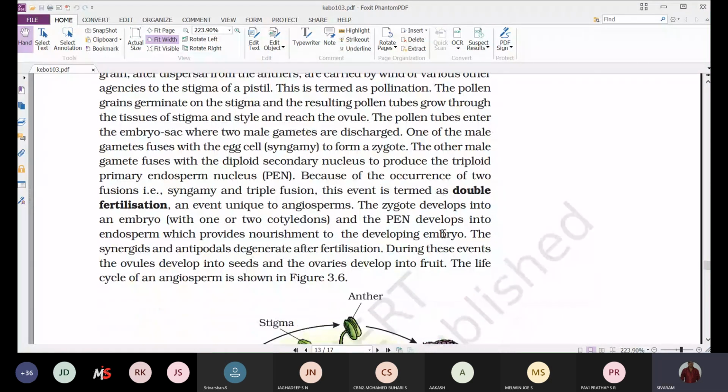Because of the occurrence of two fusions, that is syngamy and triple fusion, this event is termed double fertilization, an event unique to angiosperms. Unique means observed only in angiosperms.